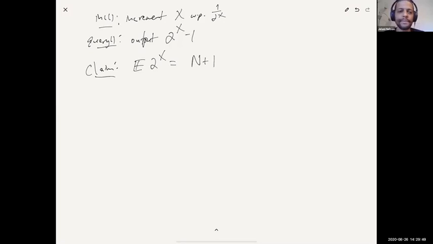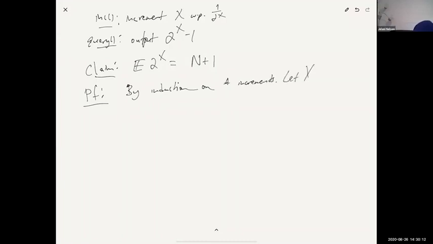Okay. So maybe let's prove this claim. The proof is basically by induction on the number of increments.